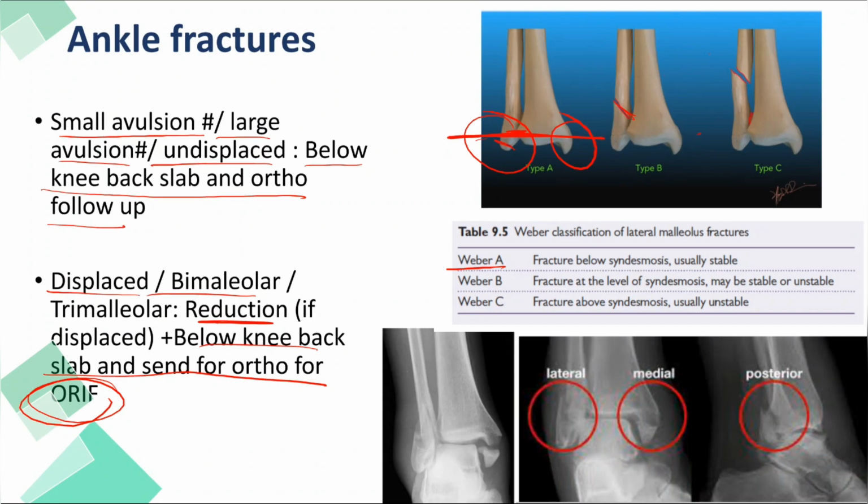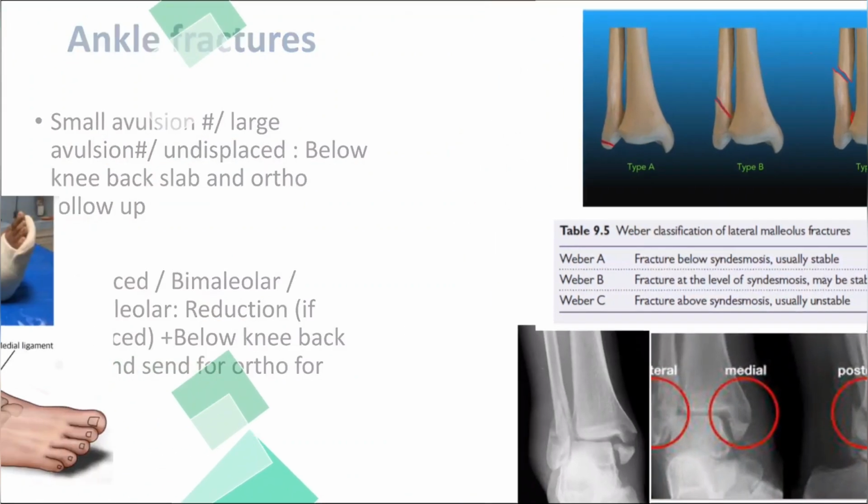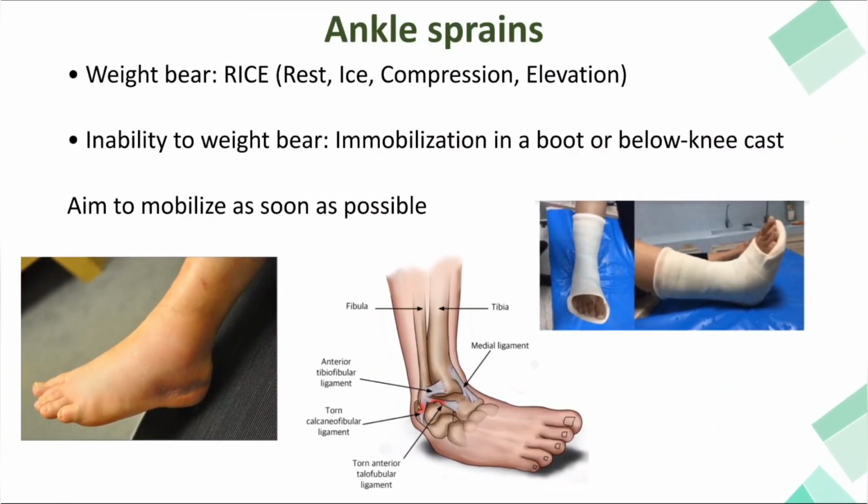A fracture at the level of the syndesmosis is usually stable, but above the syndesmosis is usually unstable. So you have lateral, medial, and also posterior malleoli. You have to do an operation if all three are involved.